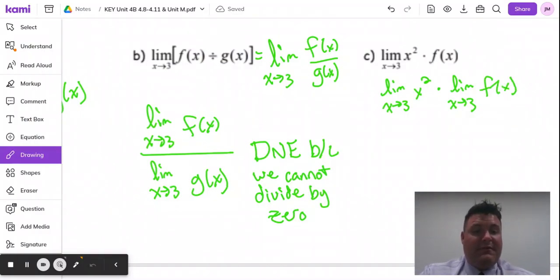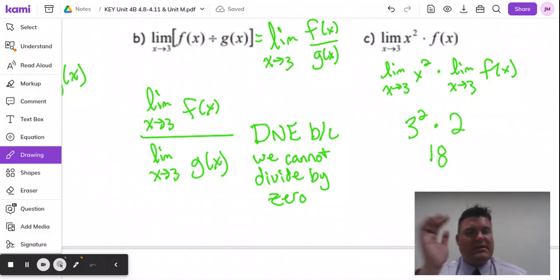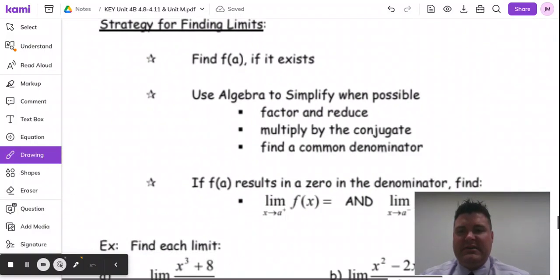Now, x squared is just a parabola, there's nothing that's not continuous about it. So the limit as we approach 3 is the same thing as plugging in a 3 into the function. So this is just 3 squared times 2, so we get an answer of 18. So we can plug directly into a limit. Totally allowed, totally legal.